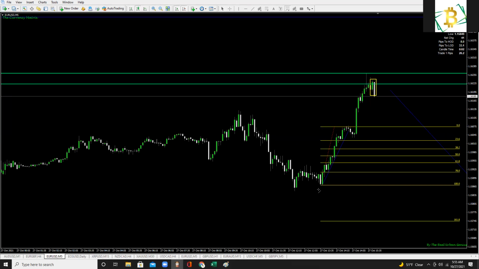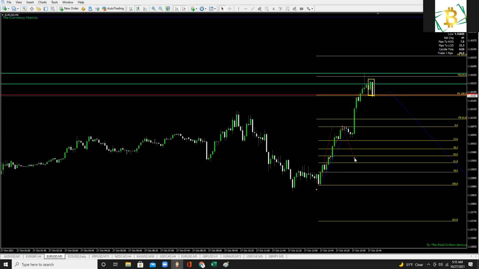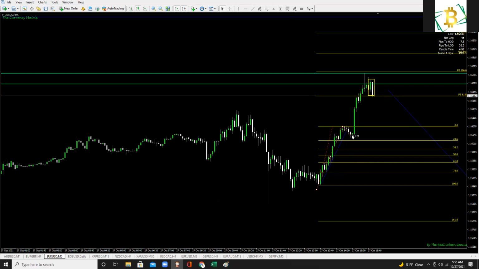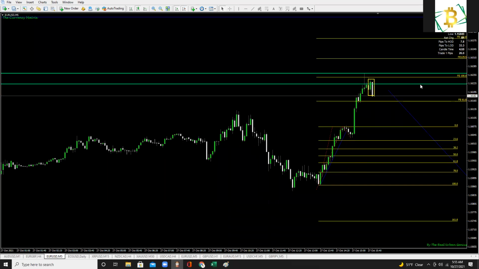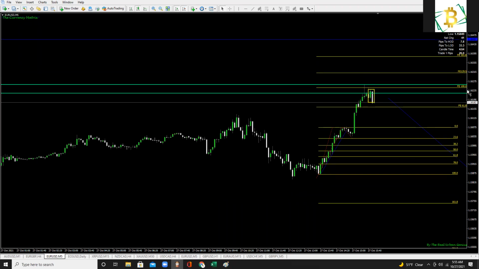And then we have the expansion. And as you see, price hit the expansion Fibonacci 100. All right, and now we're starting to see the reversal.